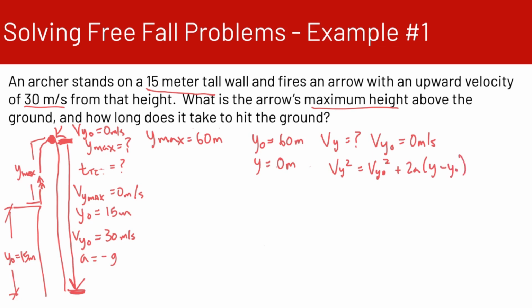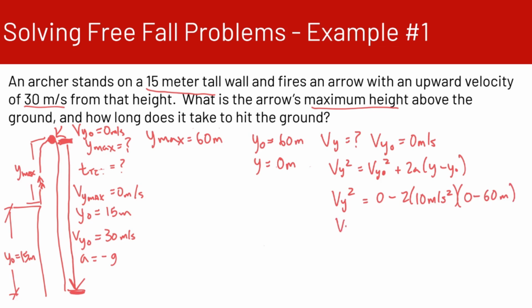Okay, so Vy squared, which we don't know, is equal to 0 minus, because remember our g is negative, so minus 2 times 10 meters per second squared times y, which is 0 minus 60 meters.